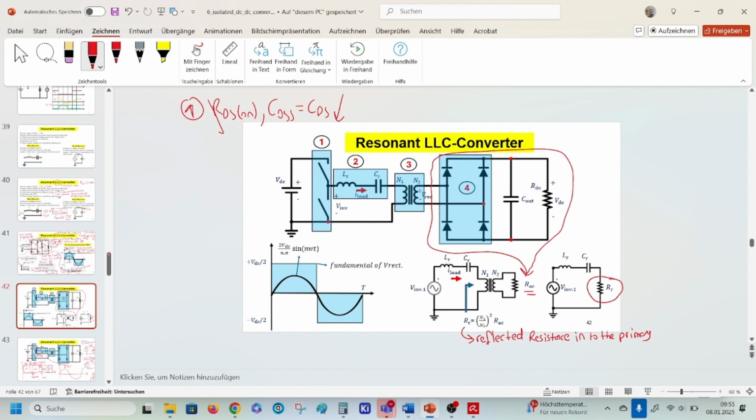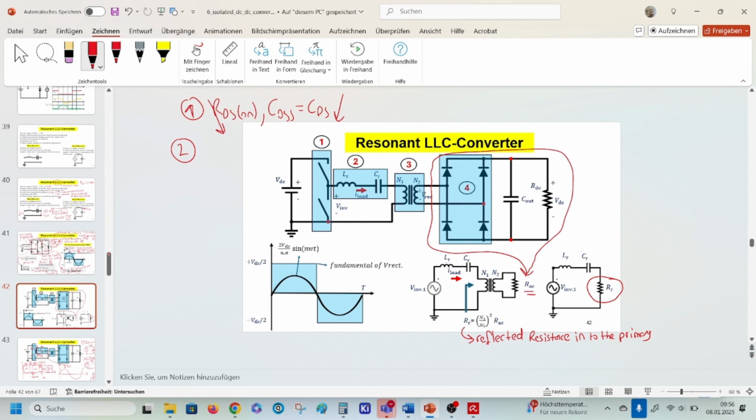And second stage, resonant tank. In the real application, we have a little bit of series resistance of our inductive component.